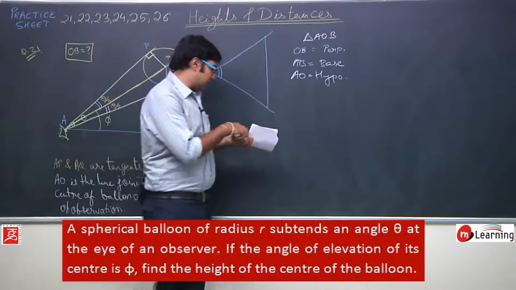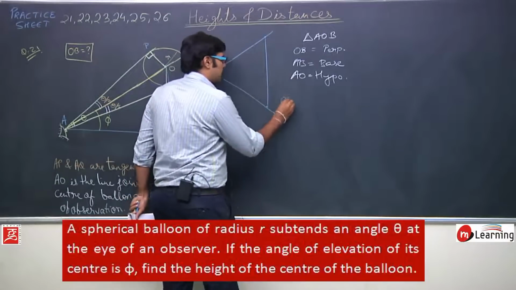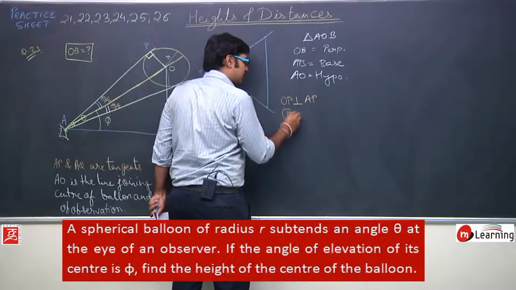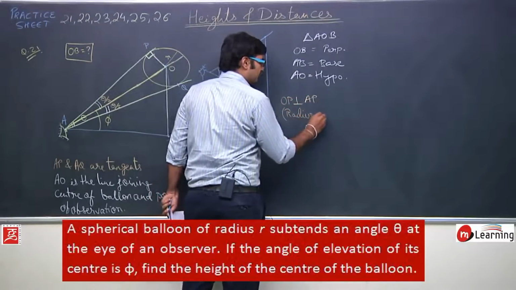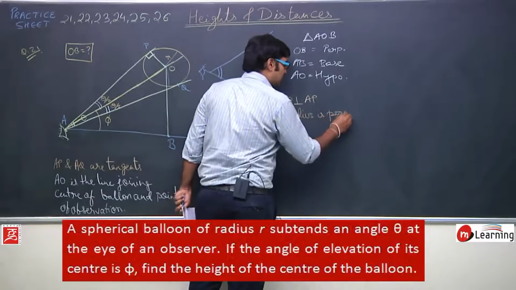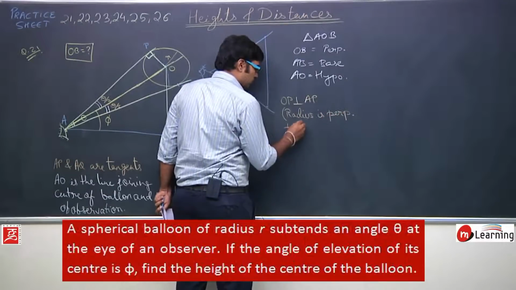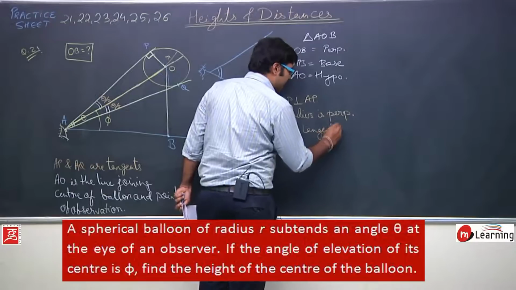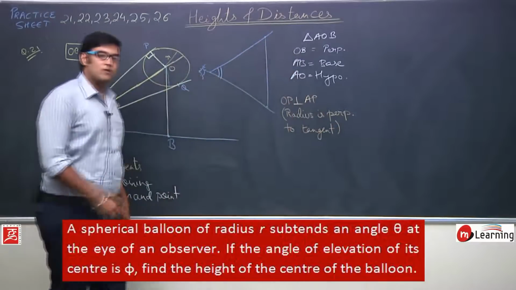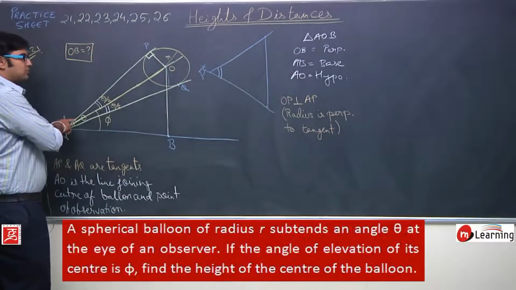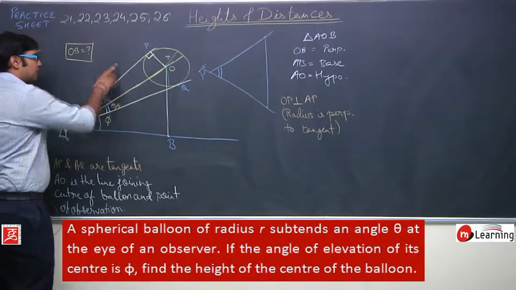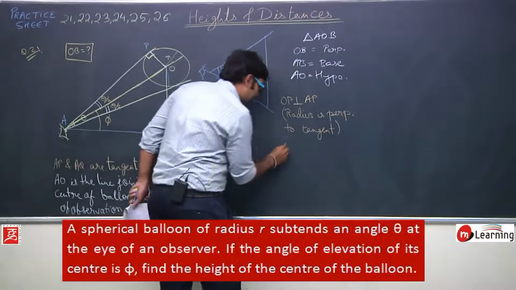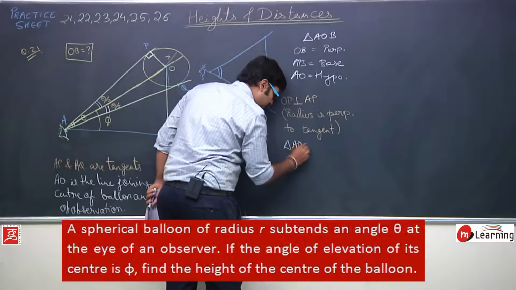It's because the radius is perpendicular to the tangent. OP is perpendicular to AP. Now further, observe triangle APO.